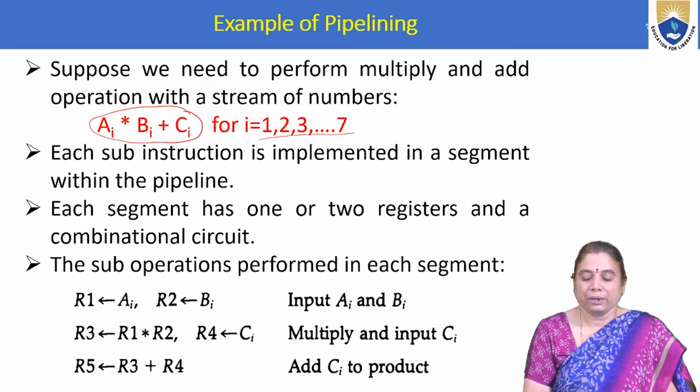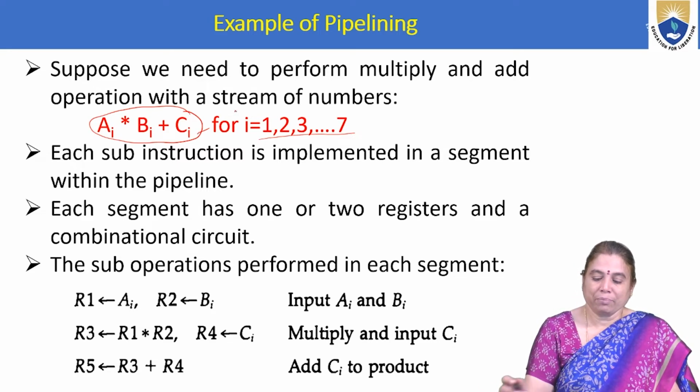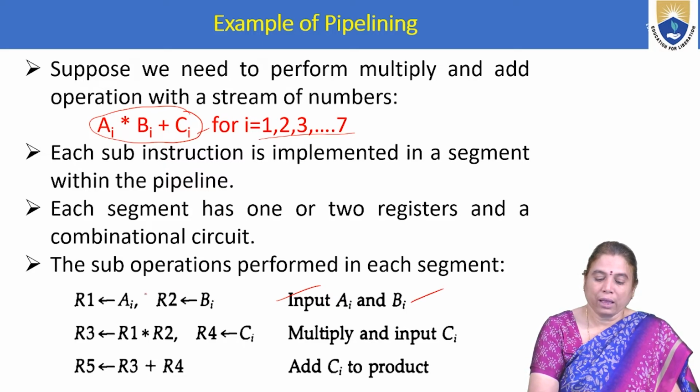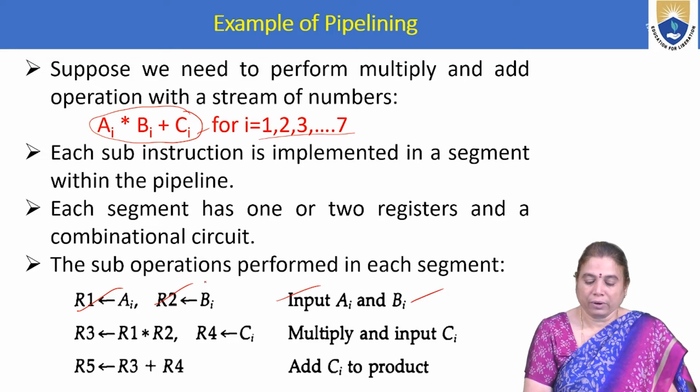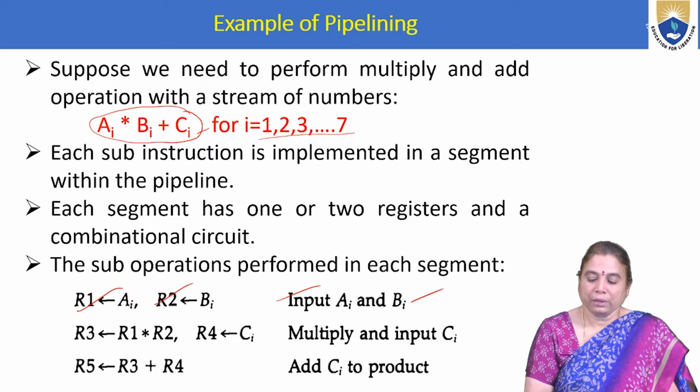The sub-operations performed in each segment can be divided as follows: first, input A register and the B register. These values can be moved to the R1 register and R2 register respectively. In the second segment, multiply and input the C.